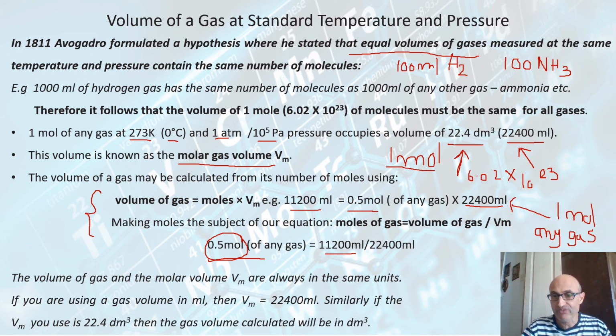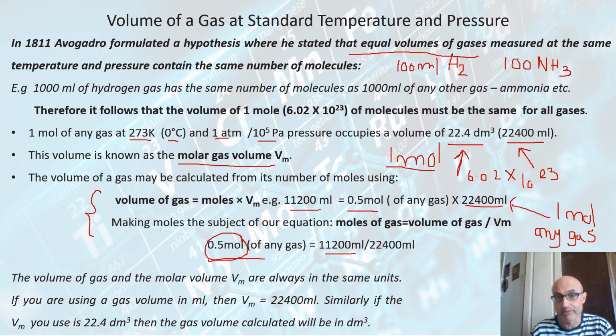The moles of gas present will be the fraction 11,200 all over 22,400. Why? Because 22,400 is equal to 1 mole. Therefore, by simple proportion, 11,200 mils must be half as much.